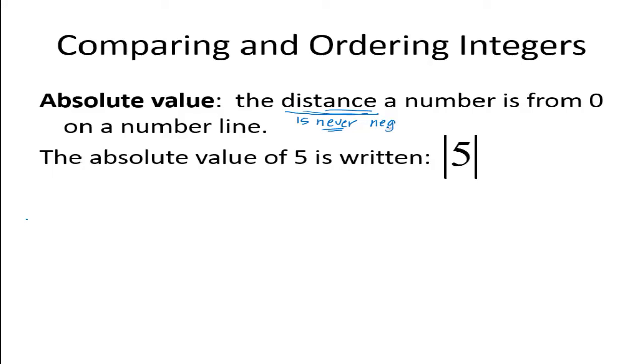Okay, distance is always positive. So keep that in mind. And this is the symbol we use to denote absolute value. So the absolute value of 5 is written with these little symbols and the number inside the symbols. This would be read as the absolute value of 5.